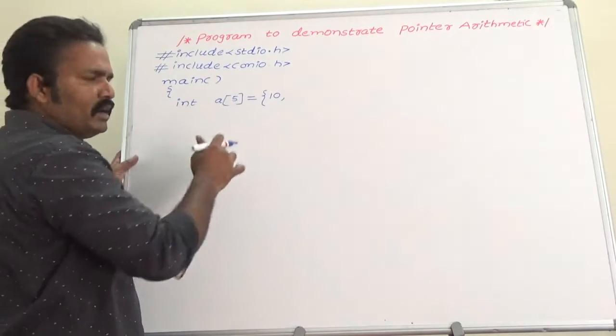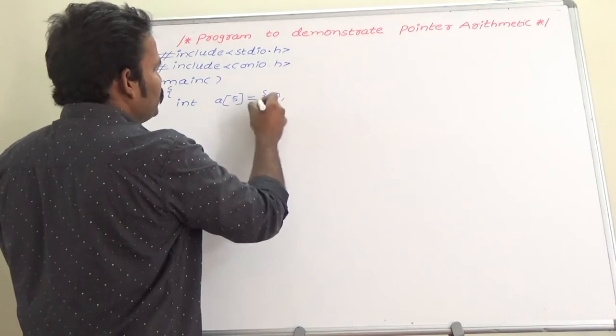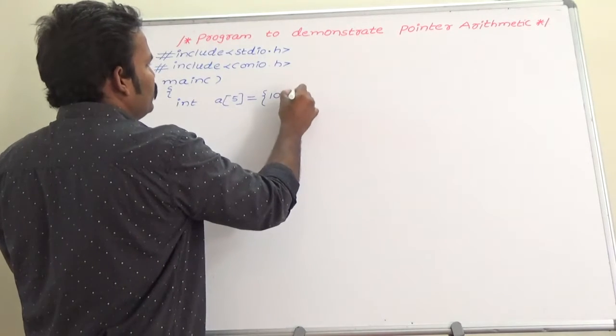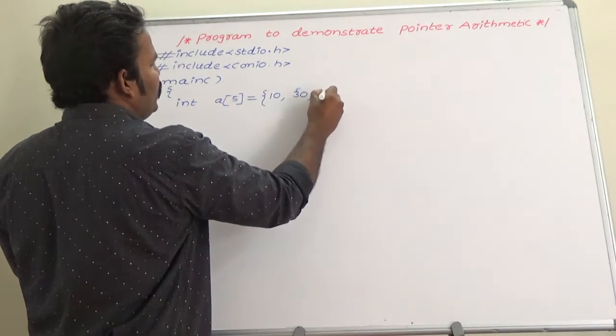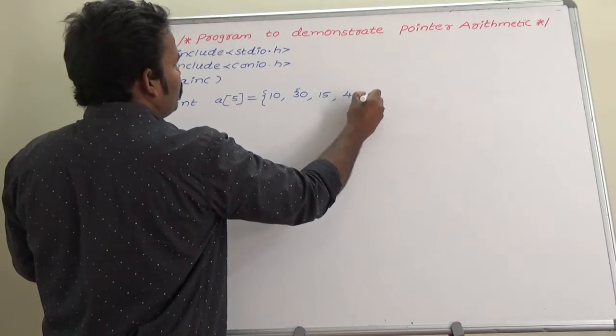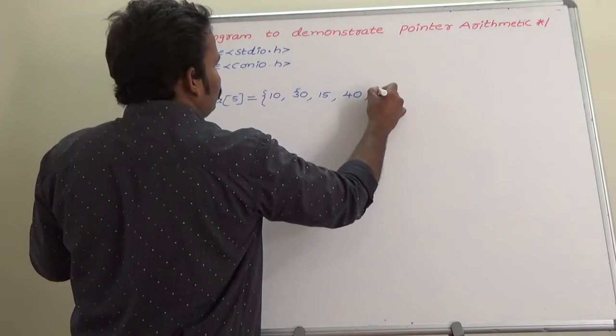This is compile time initialization that we know. So 10, 30, 15, 40, and next 50.